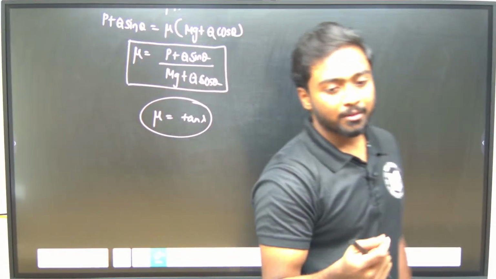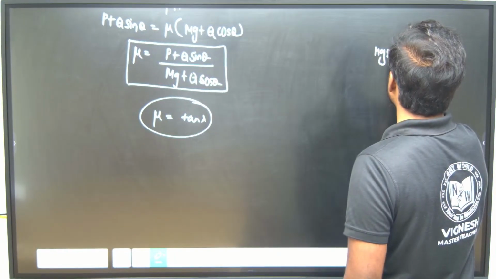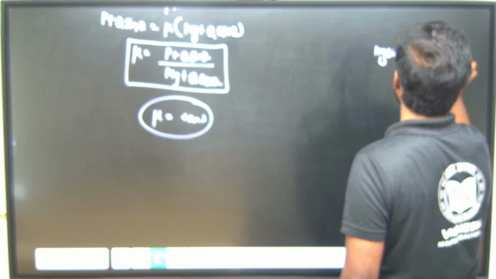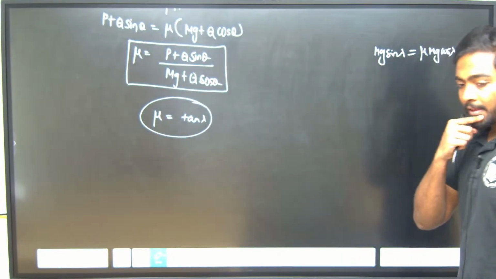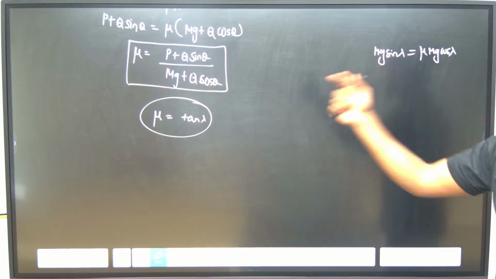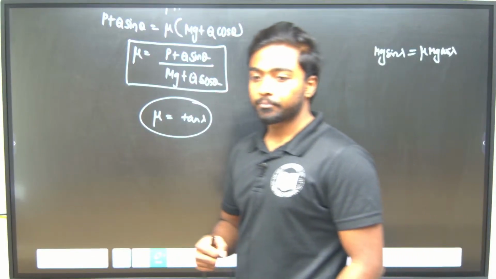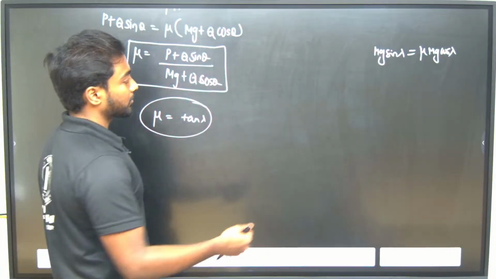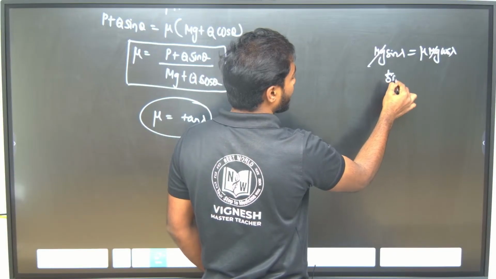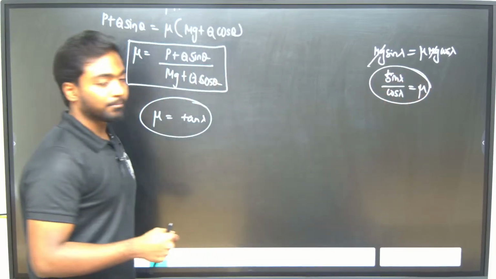How? mg sin lambda will be equal to mu into mg cos lambda. The force is acting as mg sin lambda in the horizontal direction and mg cos lambda in the vertical direction. Now this mg and mg will get cancelled. Sin lambda by cos lambda will be nothing but mu, it is tan lambda.